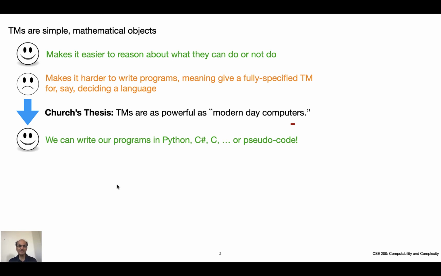Church's thesis underlies a lot of the meaningfulness of what we do here, beyond just giving us the ability to write our programs in a very high-level way. We will be making statements about Turing machines of the form, the halting problem, defined as given a Turing machine and an input, does the Turing machine halt on that input, is undecidable.